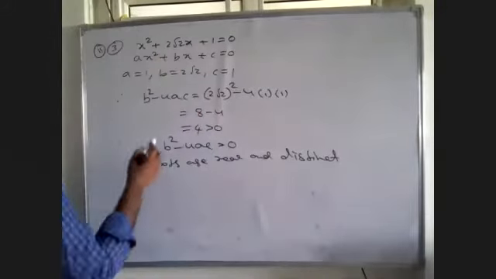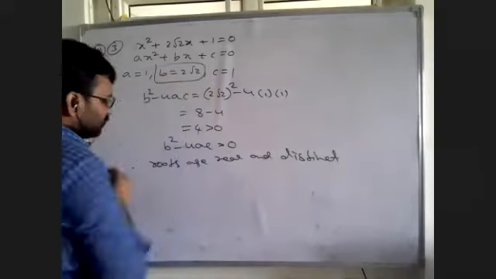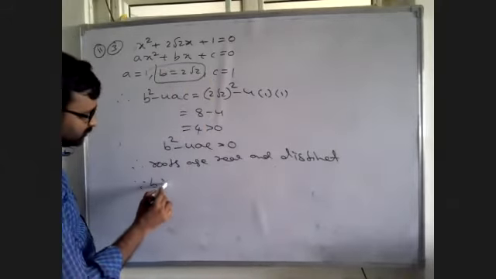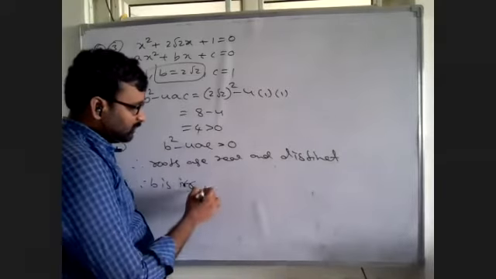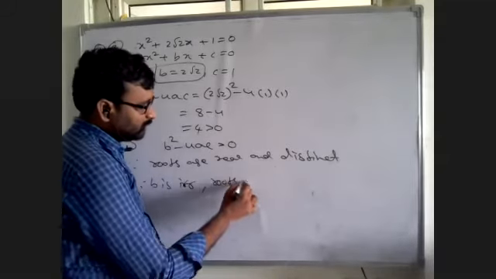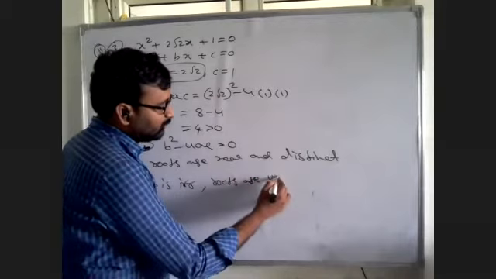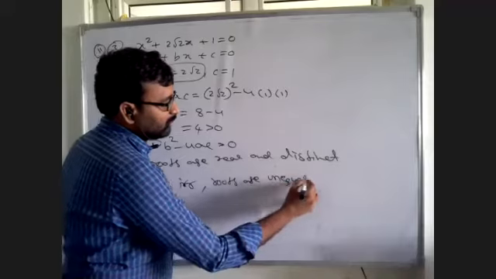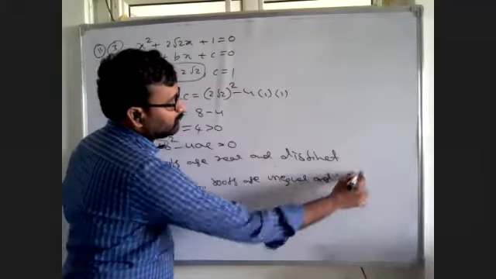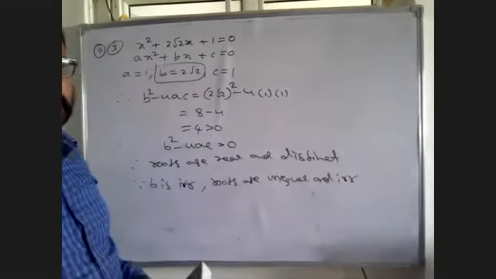See, if you observe, the b value is irrational. Since b is irrational, the roots are unequal. That means distinct and unequal are both the same. Unequal and irrational. So this is the solution.